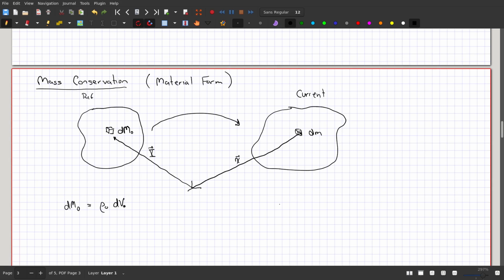Likewise, over here, dm could be written as rho, which is a function of time, just to be explicit, times dV.